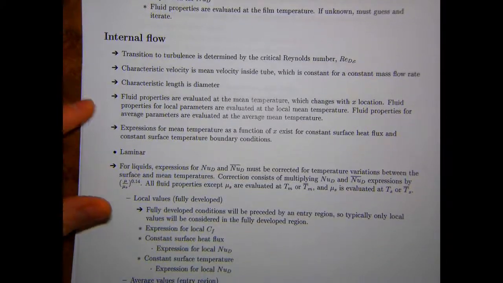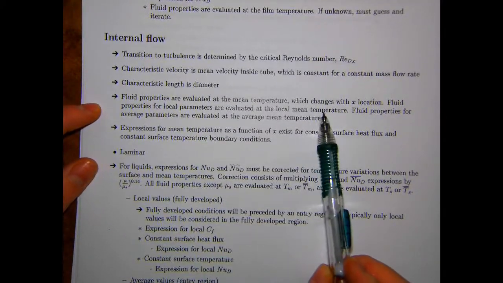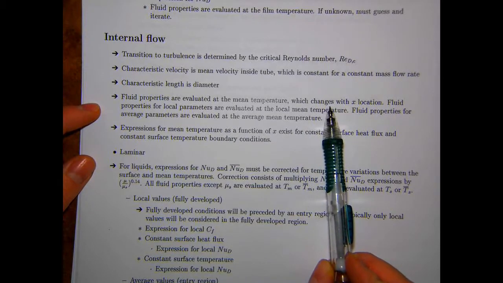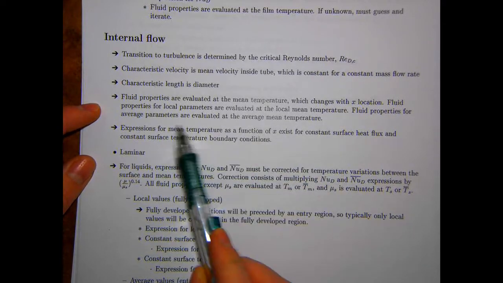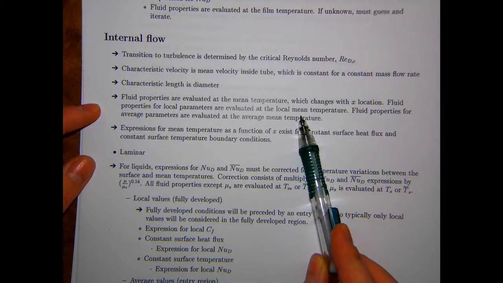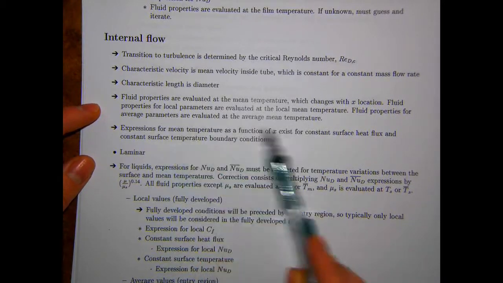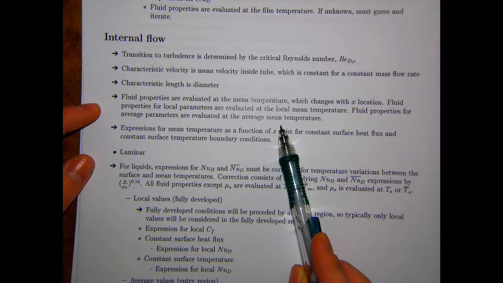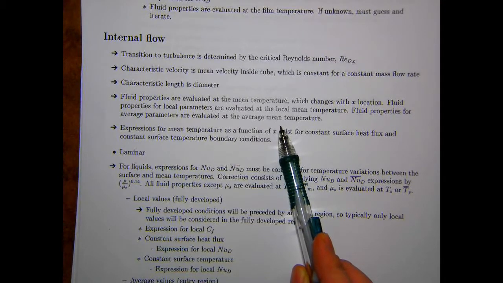Here, fluid properties are evaluated at the mean temperature, which changes with x location. Anytime you have a local parameter, it's evaluated at the local mean temperature. If you have average parameters, they're evaluated at the average mean temperature, that is, the average of the mean temperature at the beginning and end of the region that you're considering.